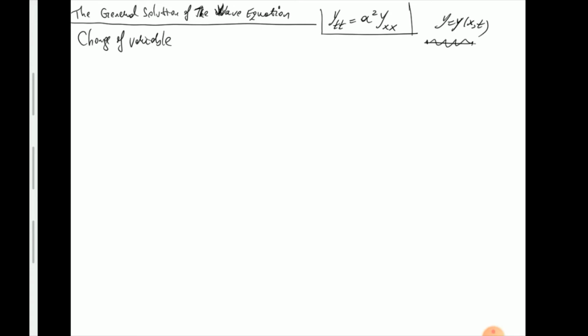And the change of variable is that u will be x plus at. a is related to this coefficient in front of the Laplacian, and then the other variable v equals x minus at.